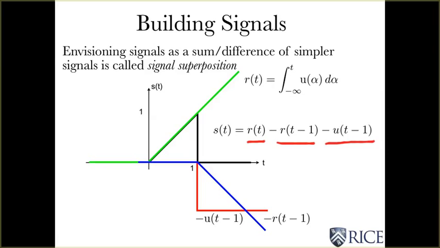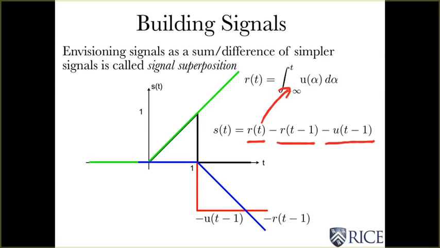This is what I mean by signal decomposition. Signal superposition is building signals. Decomposition is thinking about the pieces. I would also point out that this ramp is built from a unit step. It's the integral of it. So basically, this signal S, although it looks a little screwy, is actually built from pieces that are integrals of the unit step and the unit step itself.